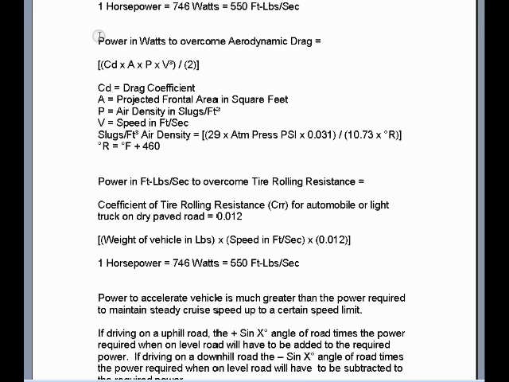The formula to calculate the power in watts to overcome aerodynamic drag the engine must provide would be the drag coefficient of the vehicle times the projected frontal area in square feet times the air density in slugs per cubic foot times the cruise speed in feet per second cubed, divided by 2. That power in watts calculation is then divided by 746 to get the horsepower required to overcome aerodynamic drag.